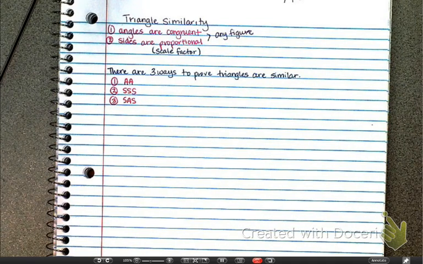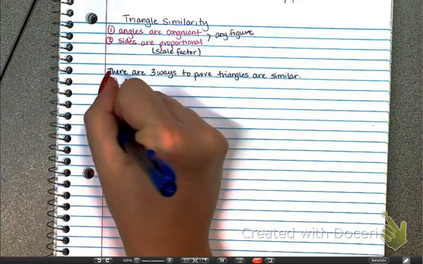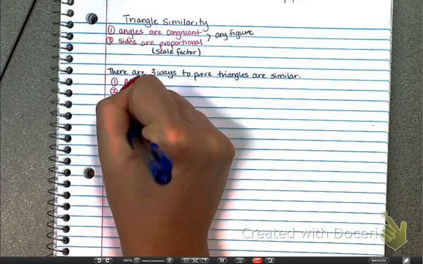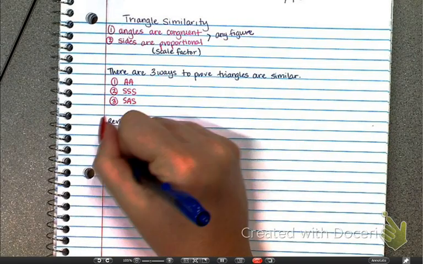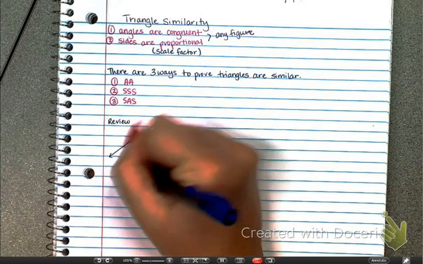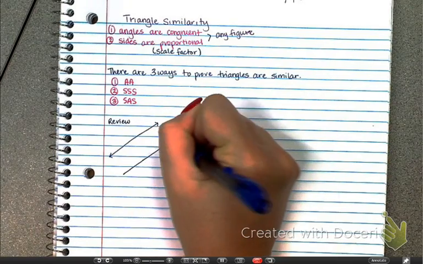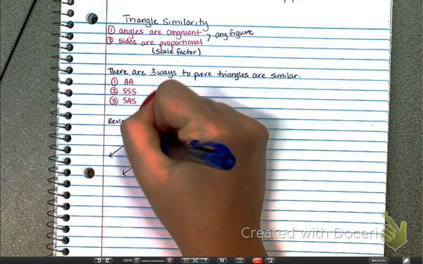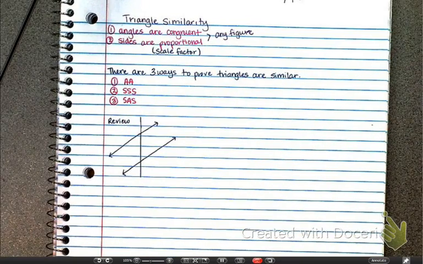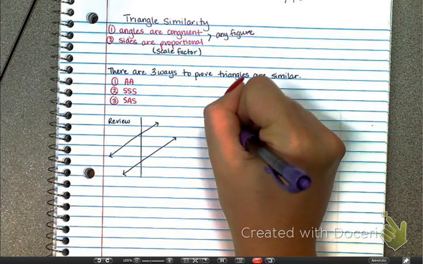Before we actually look at triangles, and I know we've already reviewed this, I want to look at it again from IM1. If you have 2 parallel lines cut by a transversal, we remember the angle pairs that are created.